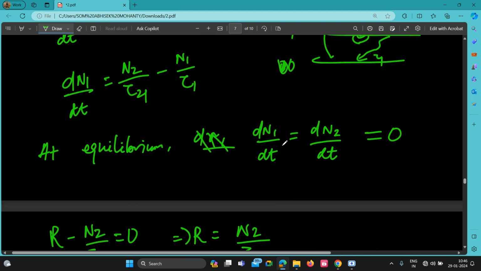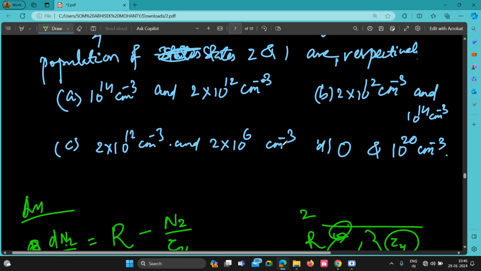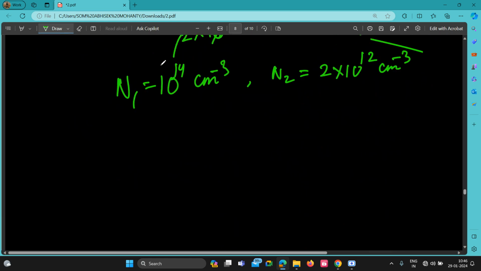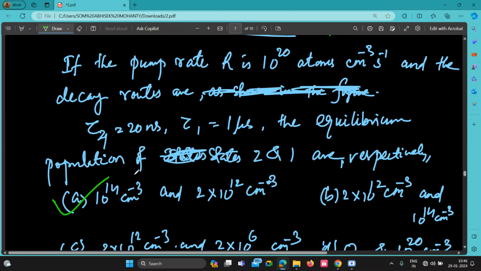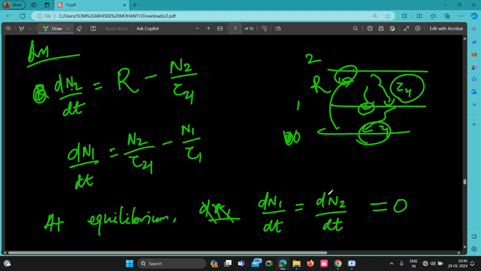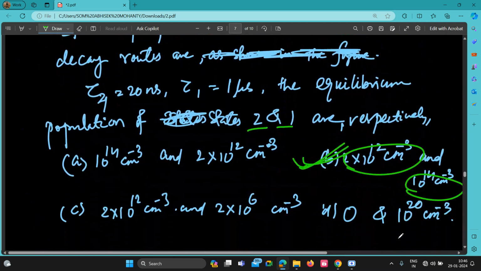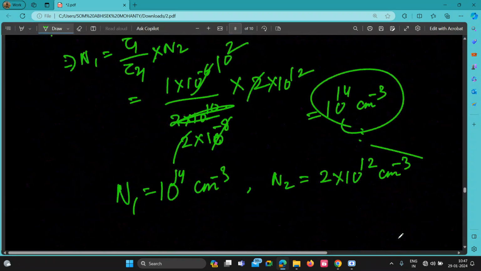If you check the options, that's one of the answers, option A. Oh, population of 2 and 1, sorry. 2 is your 10 to the 12, 1 is your 10 to the 14. Don't make this mistake, okay? Despite doing it perfectly, you will lose marks. So this was your question number 20.